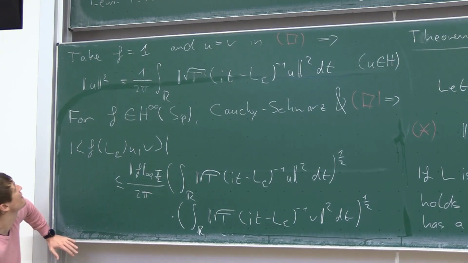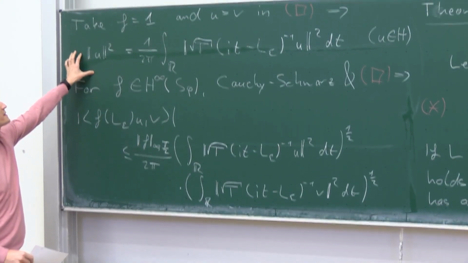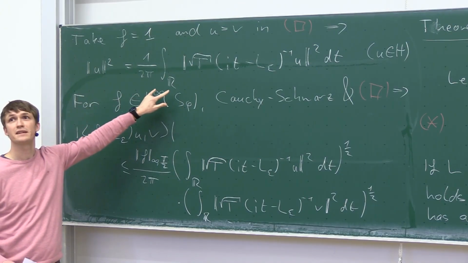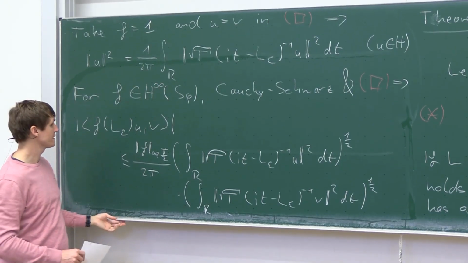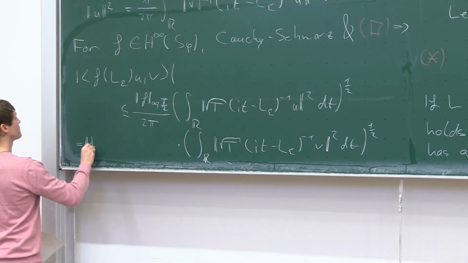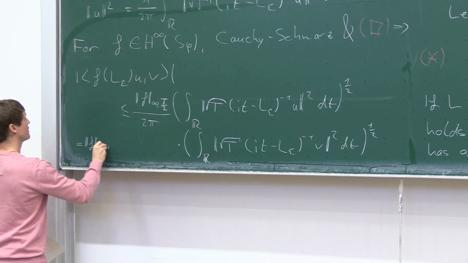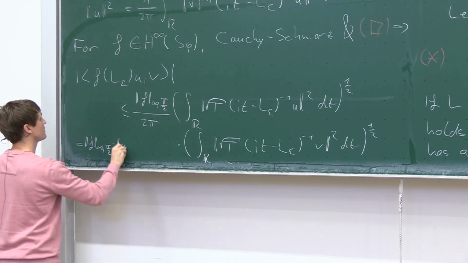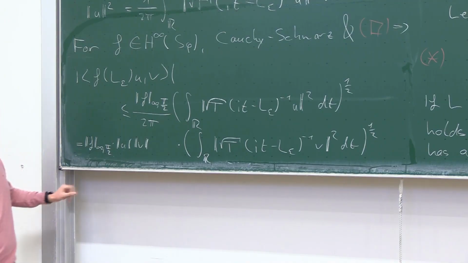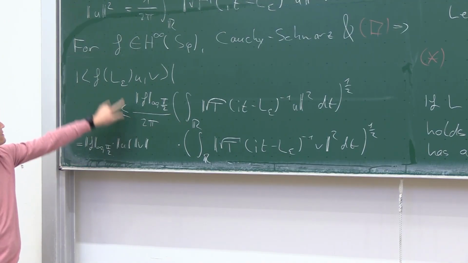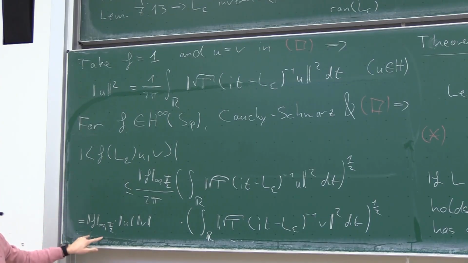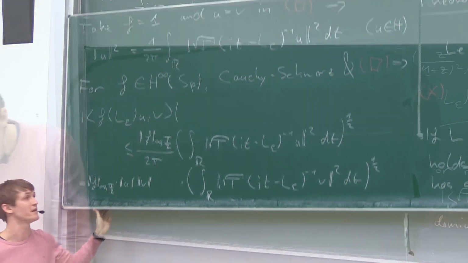Okay. And now you see here we have a certain description of the norm of u and of the norm of v by means of these integrals here. And if you look at it, you see that this is equal to the supremum norm of f times the norm of u and the norm of v. Okay. And now you see here that we get a norm bound of the operator norm of f of L epsilon by the L infinity norm of f.